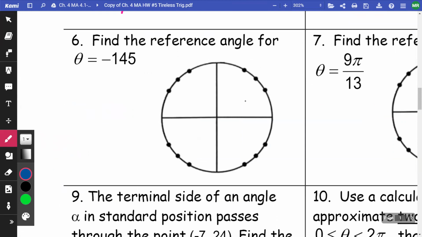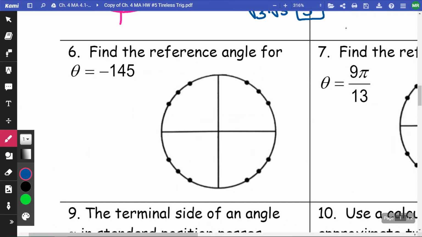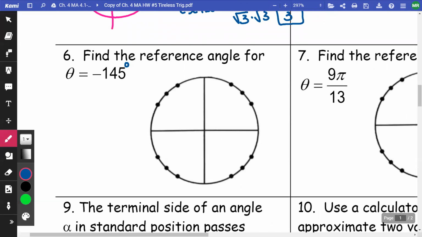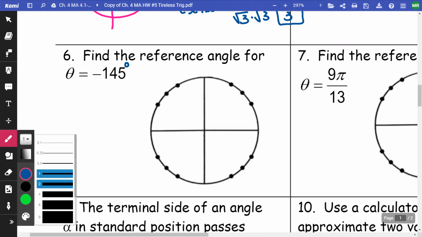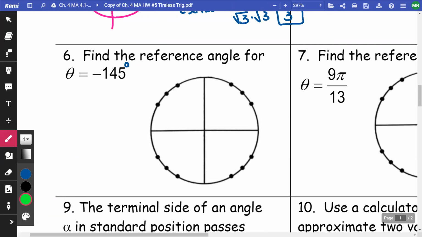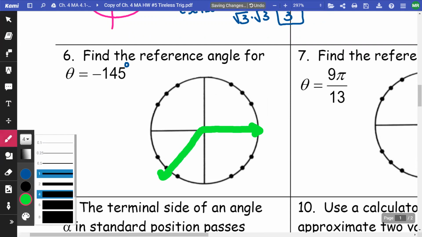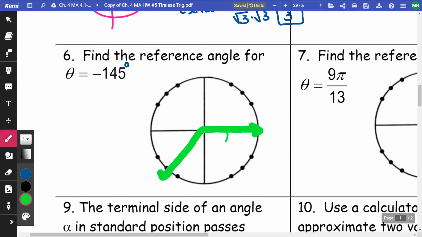Now on 6, this is meant to be a degree symbol. They got cut off, so we want to find the reference angle for 145 degrees. So 145 degrees, if I'm drawing 145 degrees as an angle, I'm going to be starting here and going into this quadrant. And really, I want to know, what's the rest of it to here?